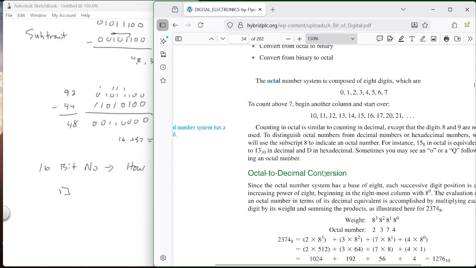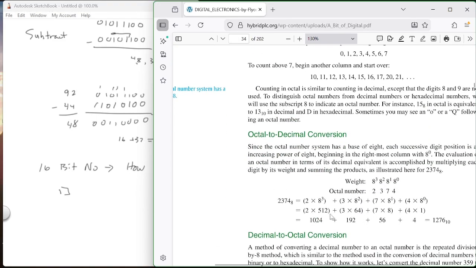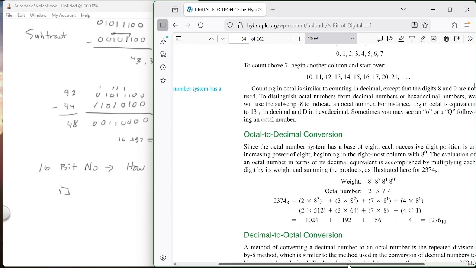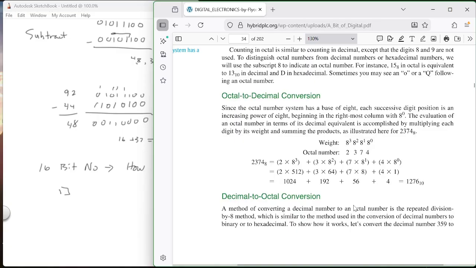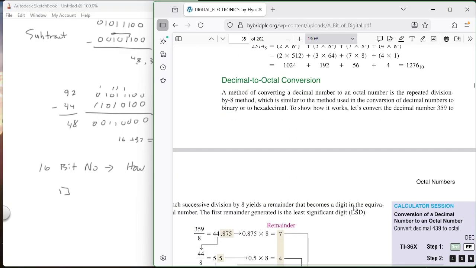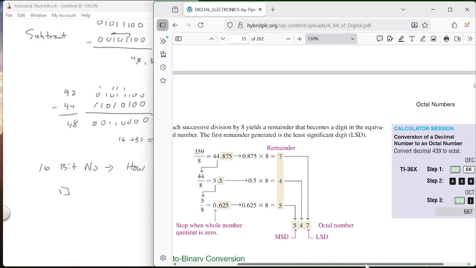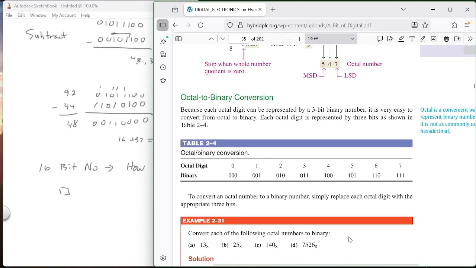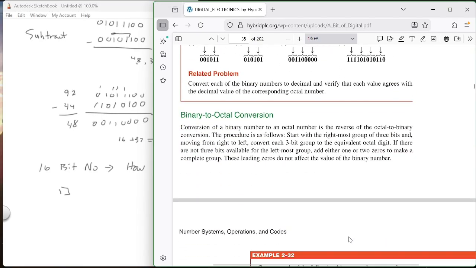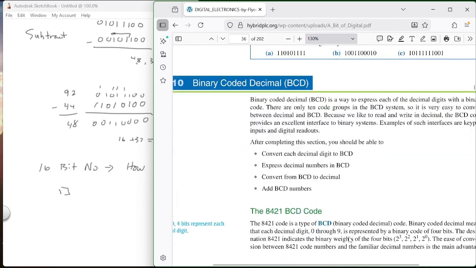If you're interested in history, read the history of that company and how they made bad decisions back in the 80s and 90s, and they went out of business. Yes, companies do go out of business, and they were one that did. So anyway, that's the history of octal. Octal to binary conversion, binary to octal conversion. On and on and on we go.